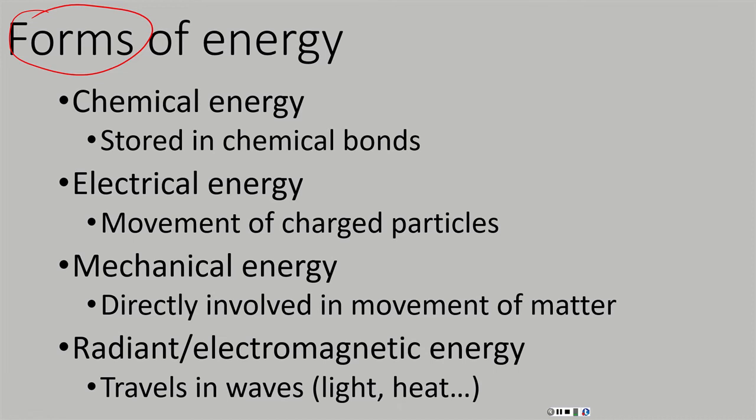Chemical energy is the energy stored in chemical bonds. Later in this chapter, in one of the upcoming lectures, we're going to talk about chemical bonds. When certain elements are joined together, let's just draw an imaginary atom joined to an imaginary atom, there is a bond between them.